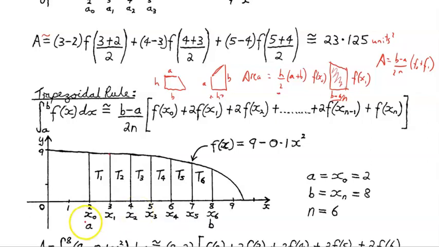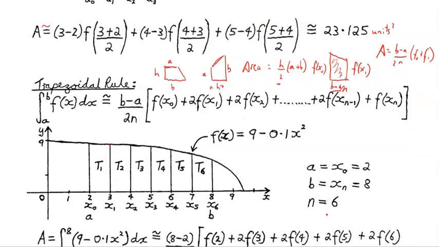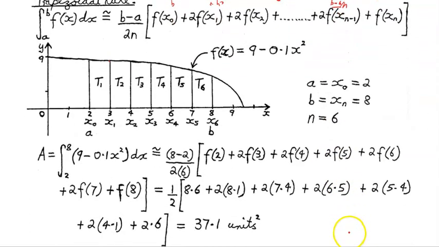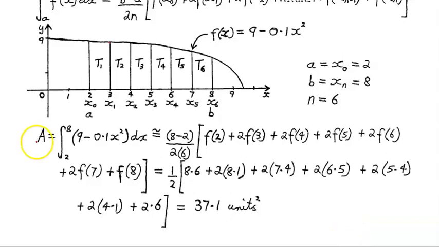We can do that for any interval from a to b, wherever we want to place this a to b here. So we choose a as x0, which is 2 in this particular case, b is xn, which is 8, and n is 6. We've got 6 trapeziums here. If we go down, working it out for our particular example, the integral from 2 to 8 of 9 minus 0.1 times x squared with respect to x is approximately equal to 8 minus 2, b minus a, on 2 times n, where n is 6 trapeziums, and then we have f of 2 as our starting point, 2 lots of f of 3, 2 lots of f of 4, and so on.